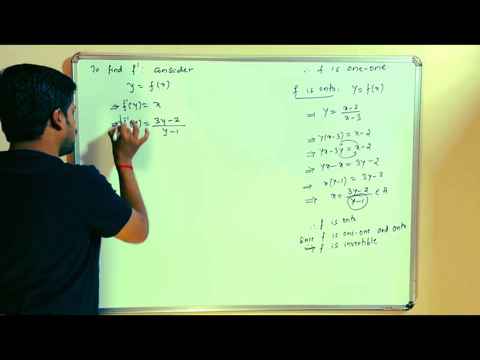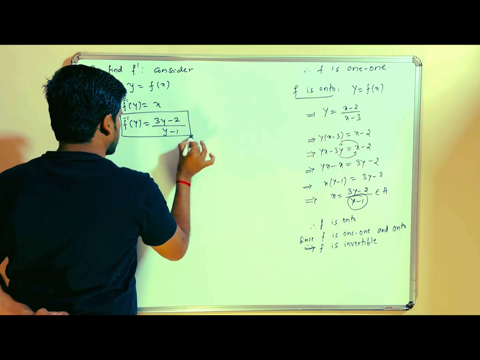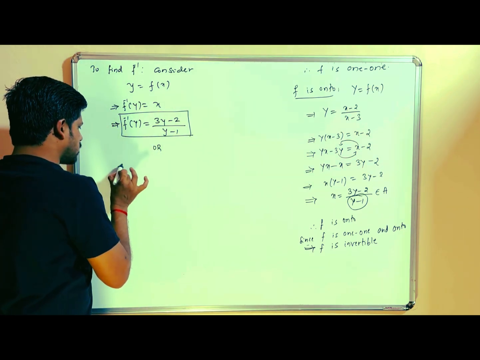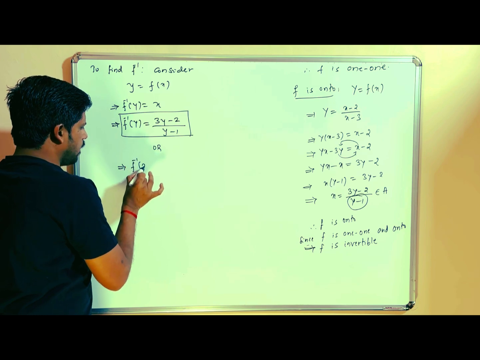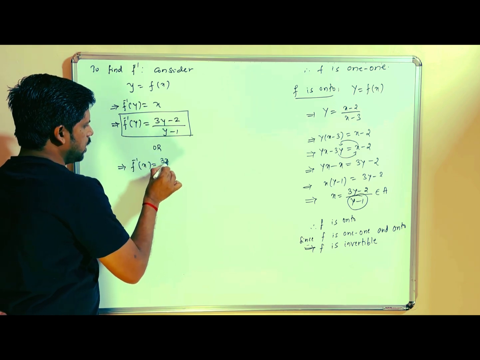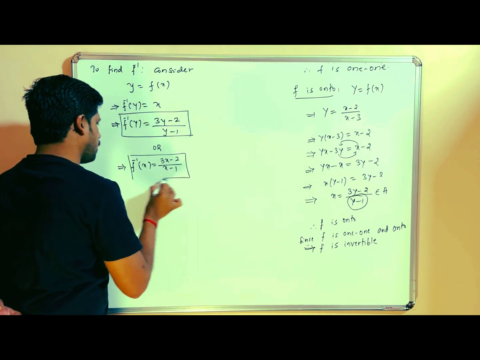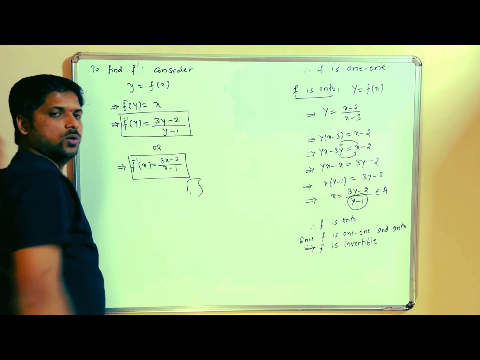This is our f inverse. Writing the inverse function in terms of x, we get f inverse of x is equal to 3x minus 2 divided by x minus 1. So this is the solution.